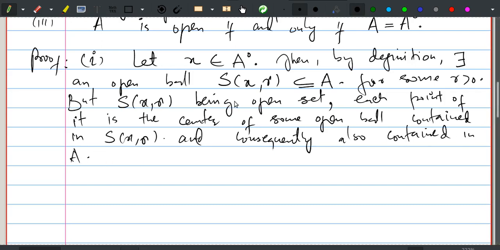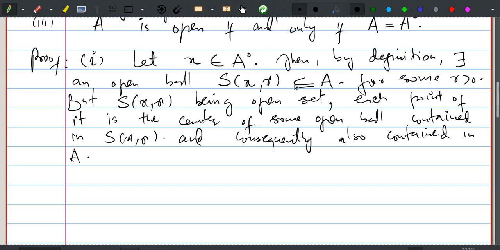So what we did: we first chose an arbitrary point x in A interior, then by definition of interior there exists some open ball S(x, r) contained in A. Now S(x, r) being an open set, each of its points is the center of some open ball contained in S(x, r).